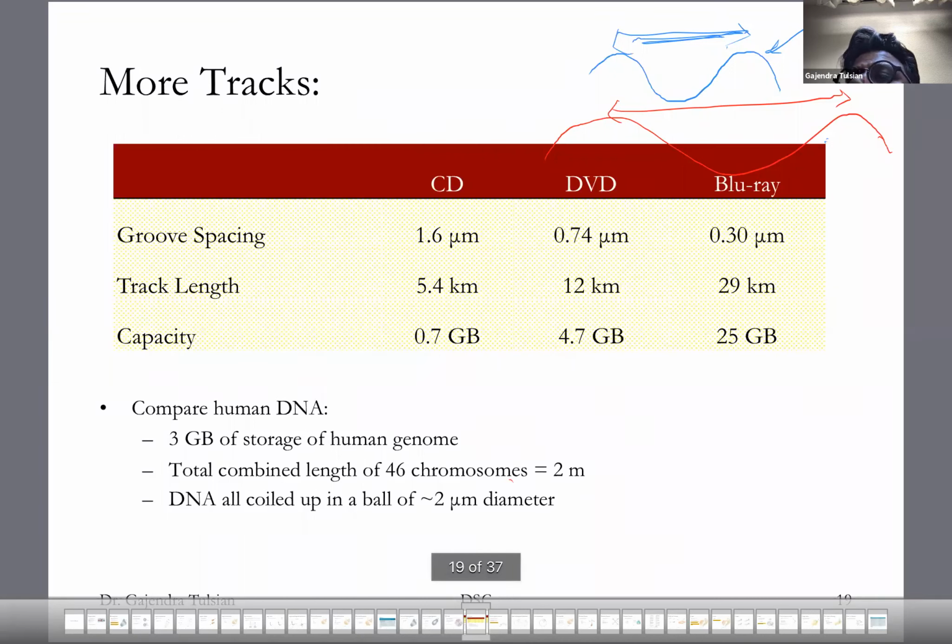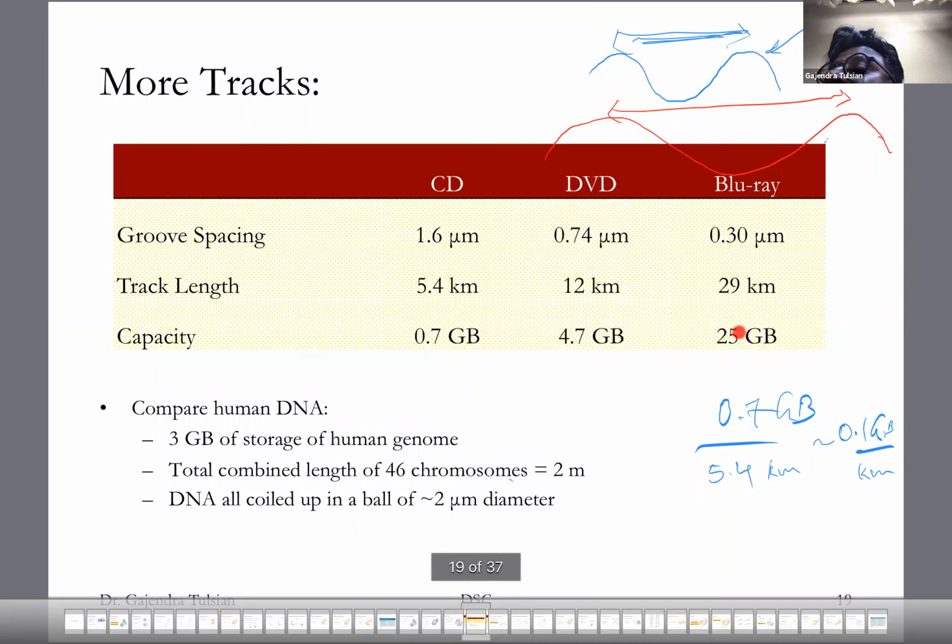So 0.7 gigabytes divided by 5.4 kilometers is roughly 0.1 gigabyte per kilometer. So for a CD, you pack 0.1 gigabyte per kilometer.